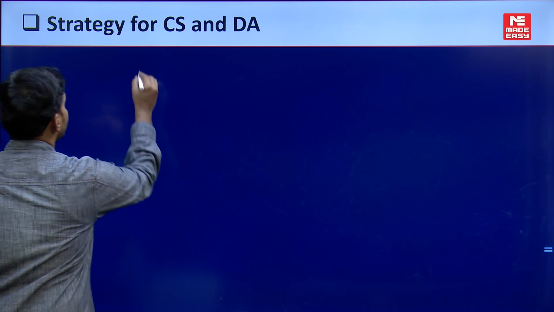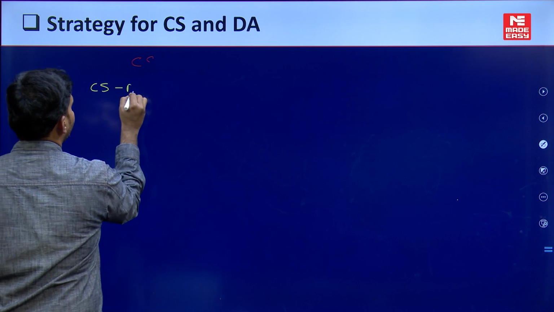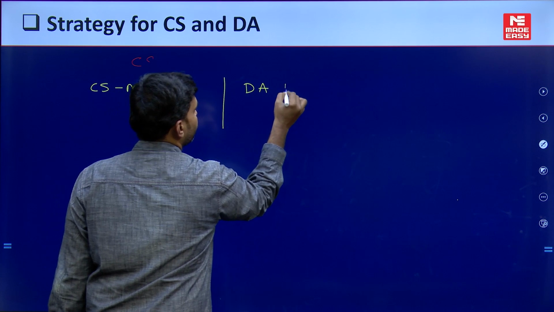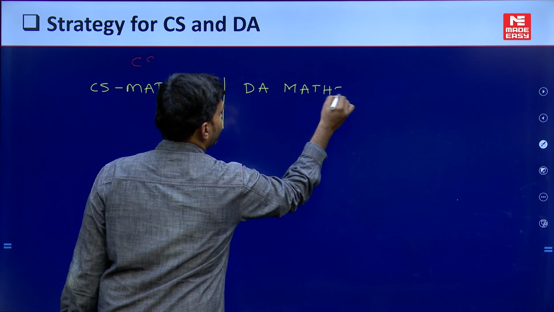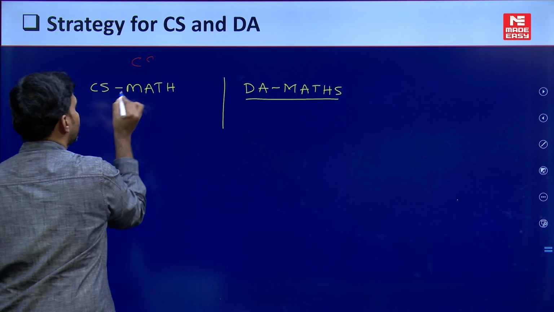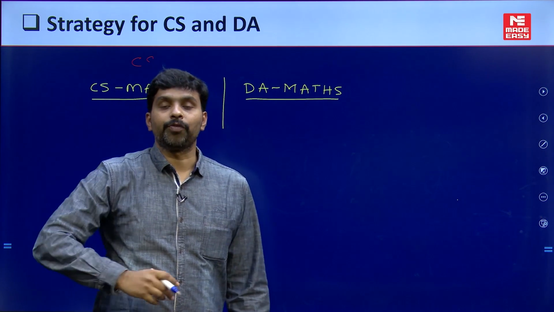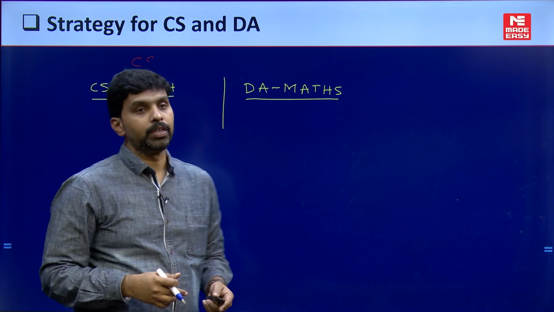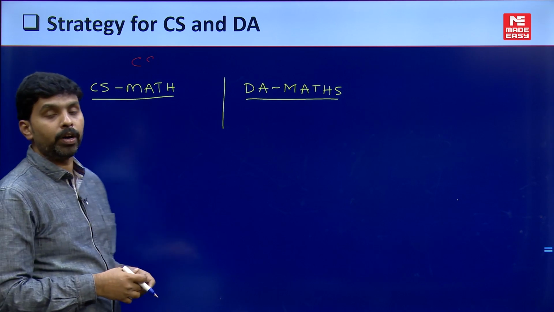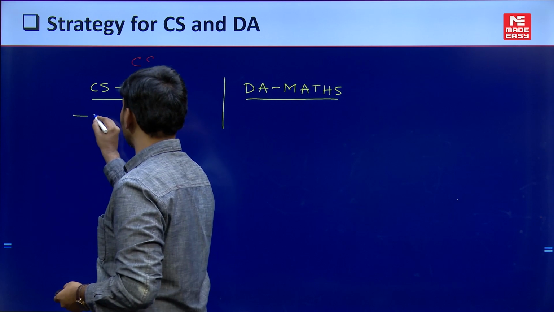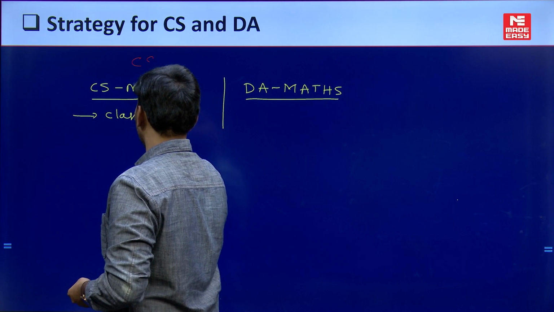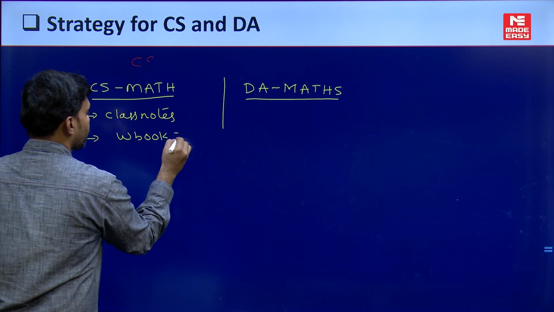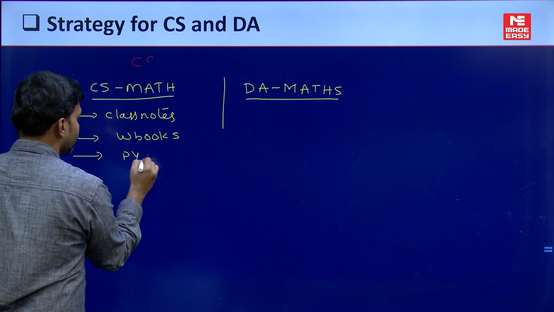So, CS mathematics, and DA mathematics. As you know, those who are writing both the CS and DA papers, for them I can say, you need to complete your class notes, and then you have to do your workbooks, and then the PYQs.